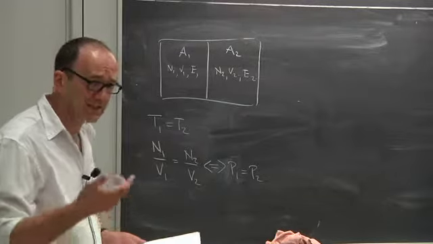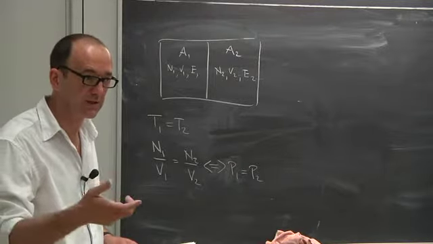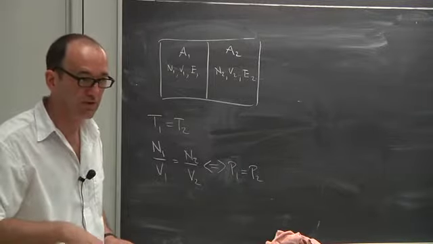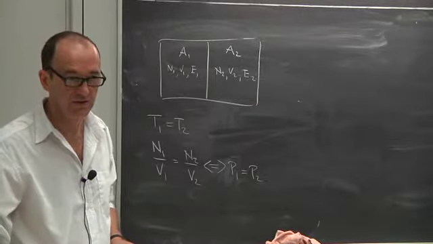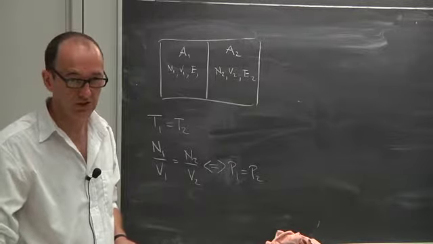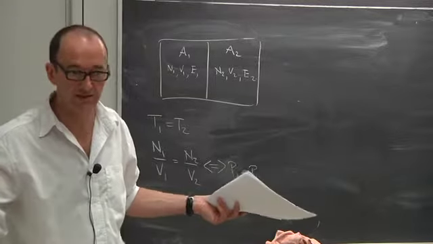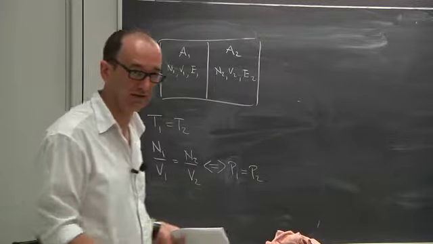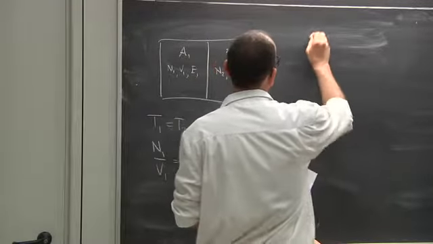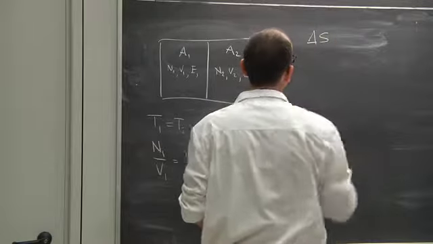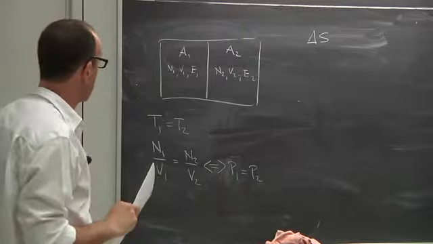So this is really an irreversible transformation. When you take out the wall, you're really doing a transformation which is irreversible, and then there must be a change in entropy. So the entropy of the system must increase if there is an irreversible transformation. Let us compute this change in the entropy.